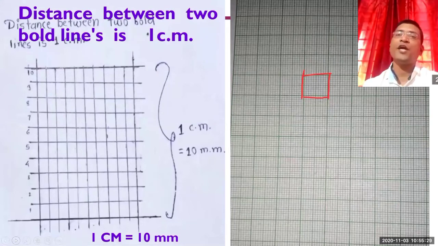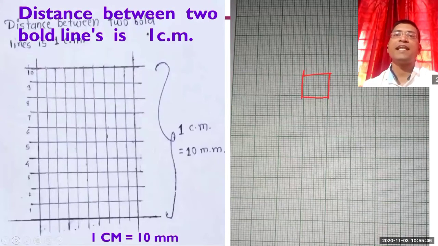We can easily draw 50, 55, 60, 70, but sometimes there is confusion about 53 or 57, 63 or 67. So I explained it to you. Understood?